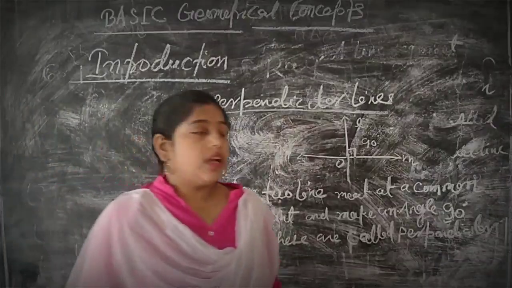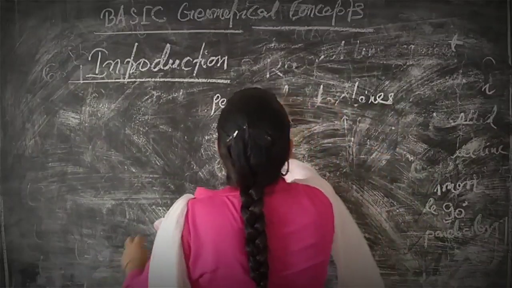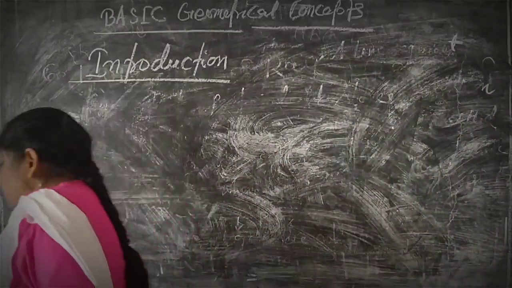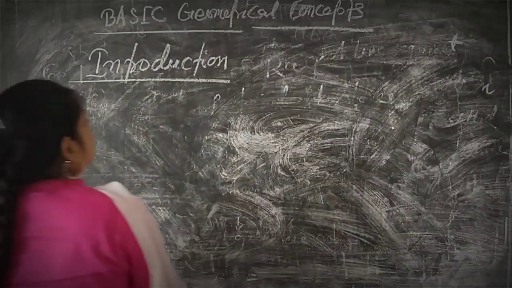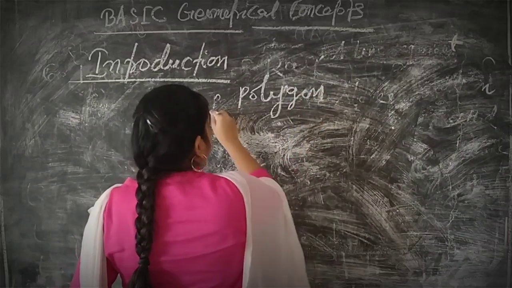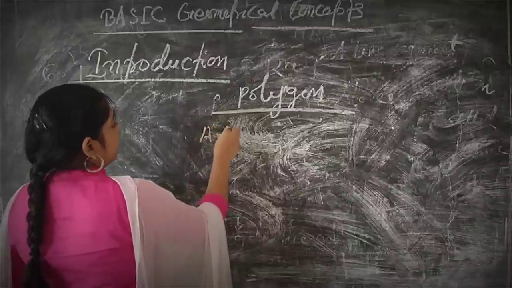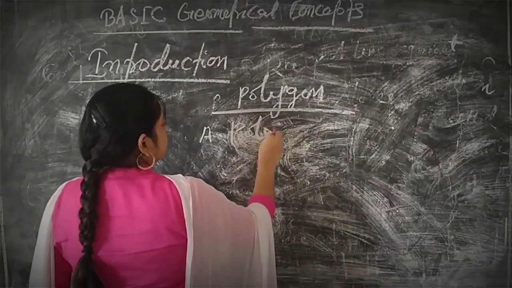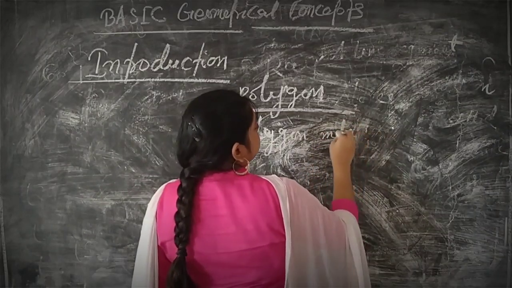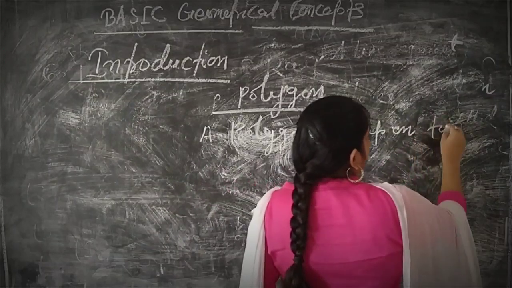First we write now the definition of polygon. A polygon is a figure made up of three or more line segments.